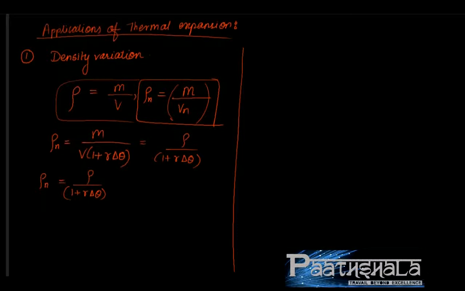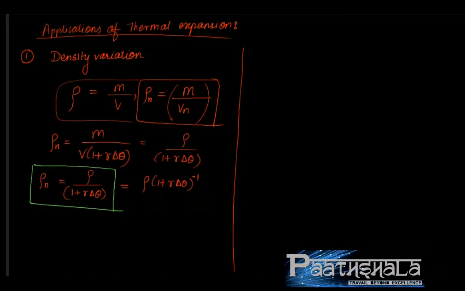Now this is the exact expression. We want new density in terms of old density. This is what we want. But now using binomial theorem, we can approximate this expression. This comes out to be rho into 1 plus gamma delta theta inverse.